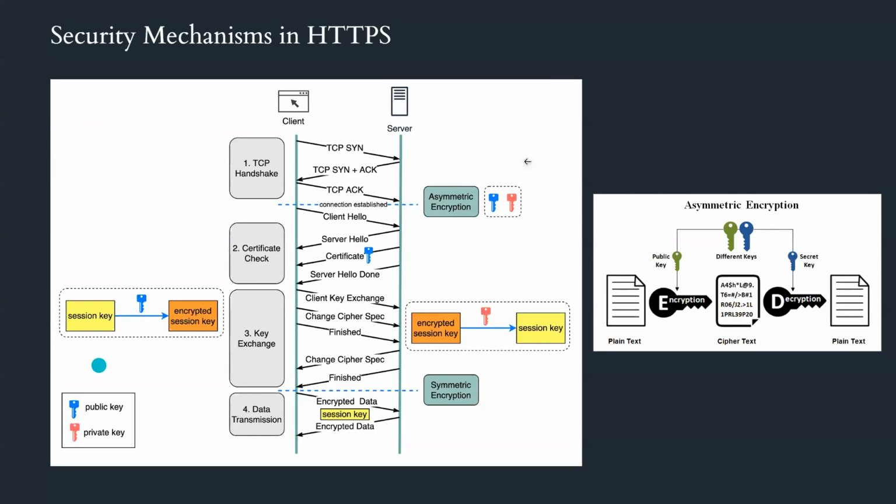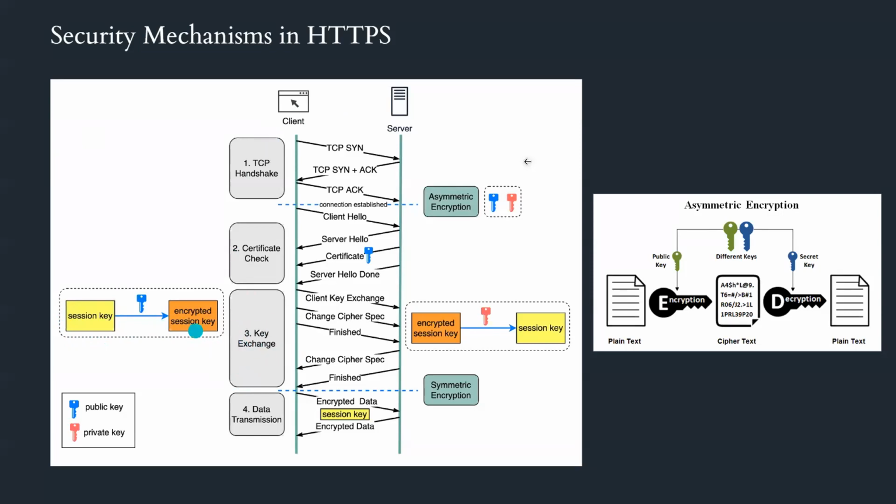So the client will have a certain secret code, which we call the session key, and that session key will be encrypted using the public key, and that will result in an encrypted session key. And that encrypted session key is generated at the client side.